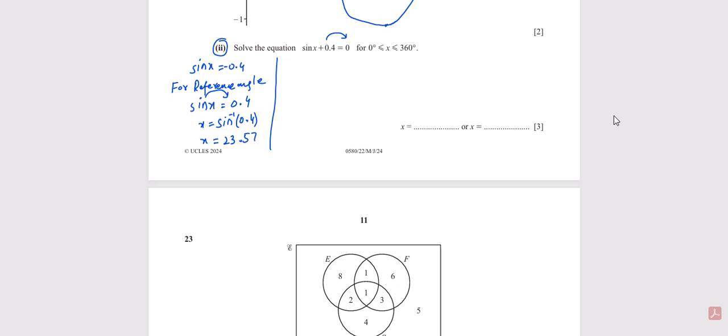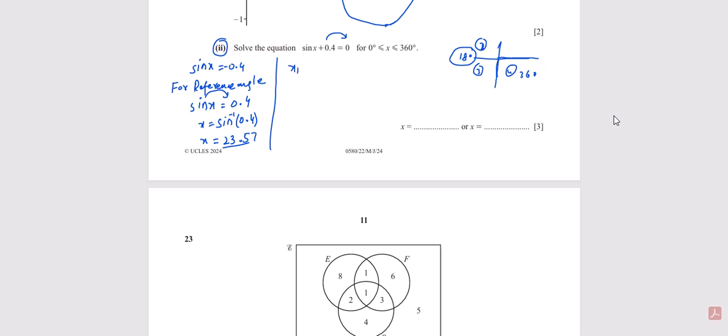So we know that sine is positive in the second quadrant. Here is 180 and this one is the third quadrant and this one is the fourth quadrant. Here is 360. So add this number to this angle.